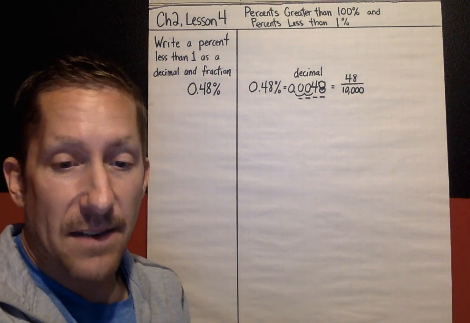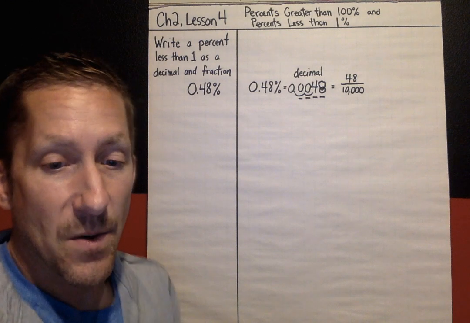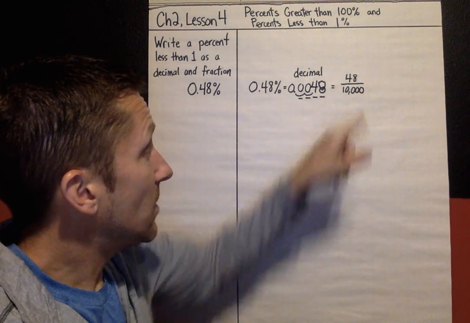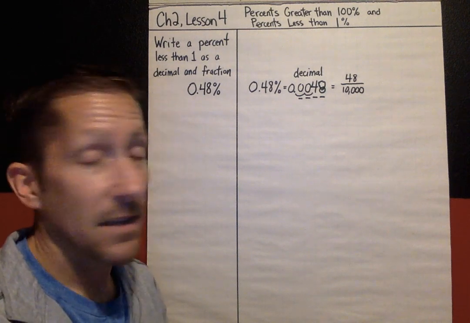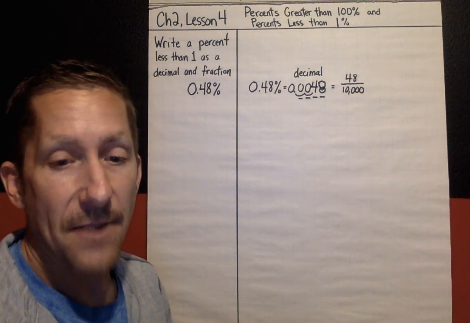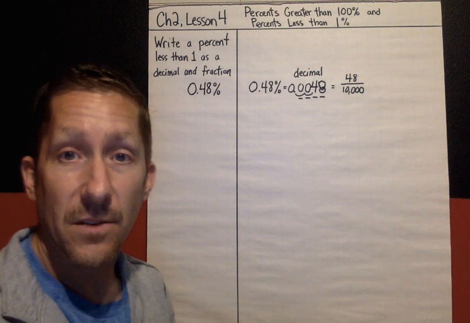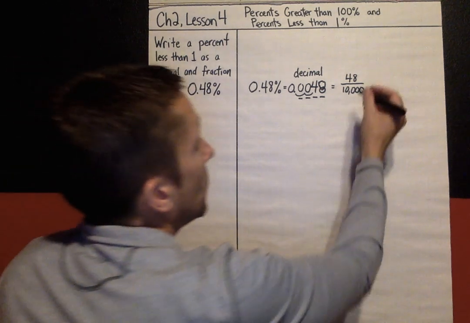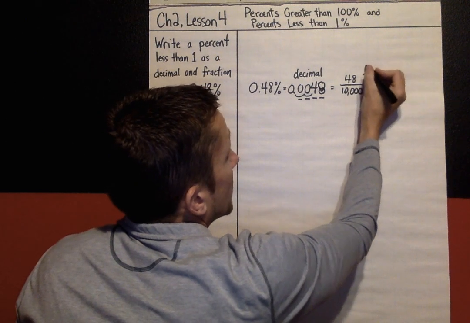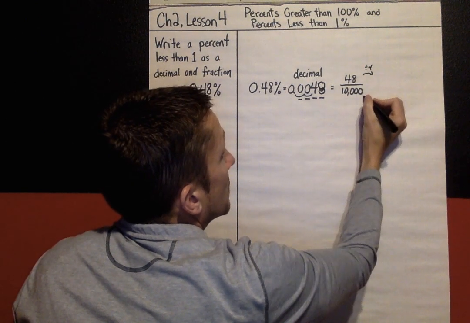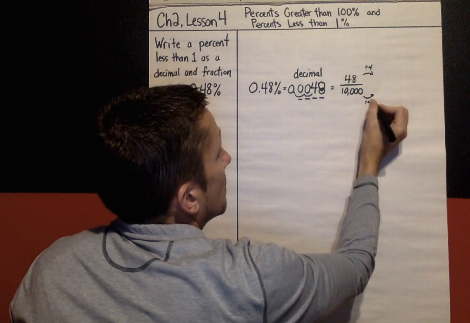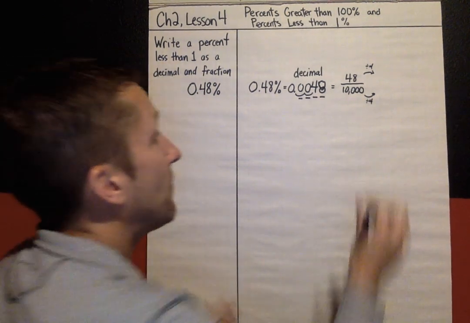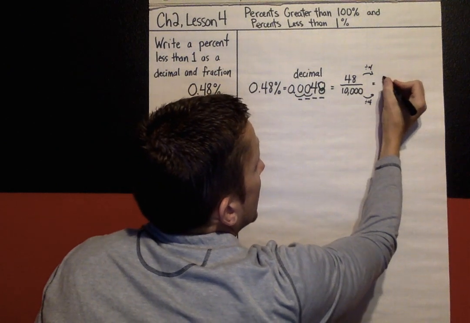Now that fraction is not simplified because I know that 4 goes into 48 and also 4 goes into 10,000. I could have also simplified that fraction with 2. They're both even, so I know that 2 would work as well. But I know that 4 is going to go into both of these, so I'm going to divide by 4. And after I divide by 4, I can calculate that.